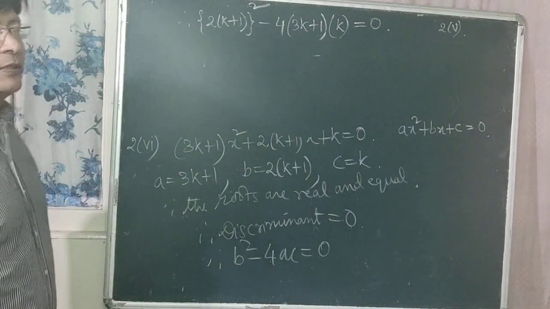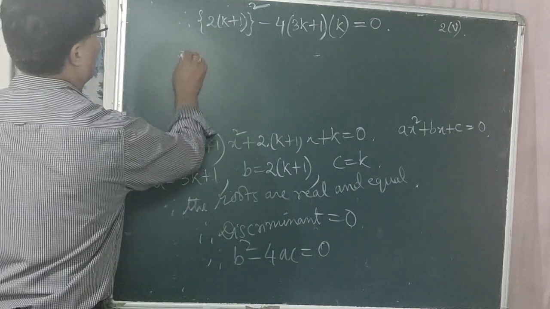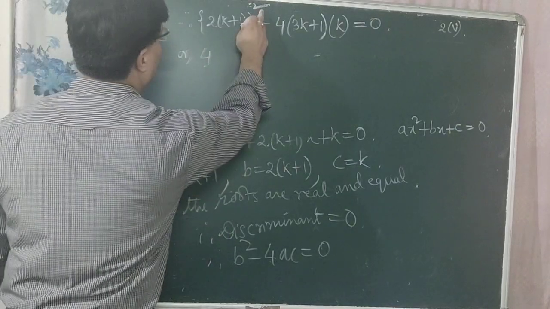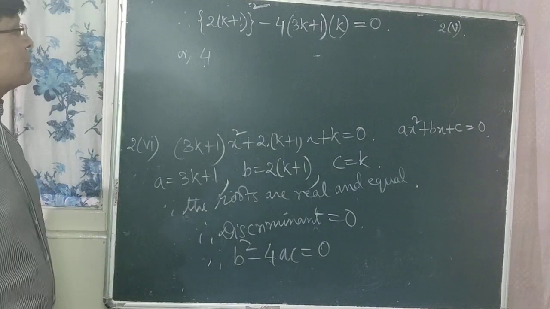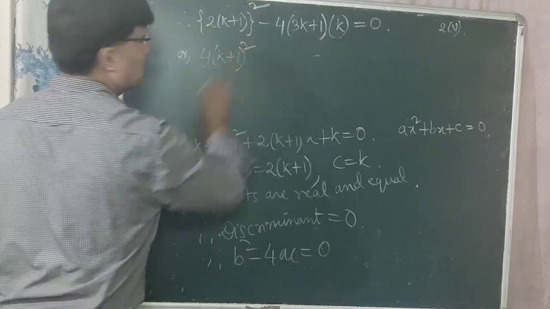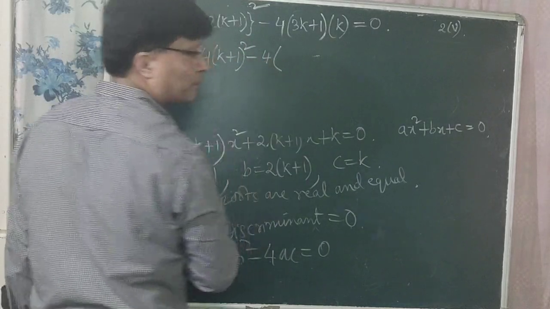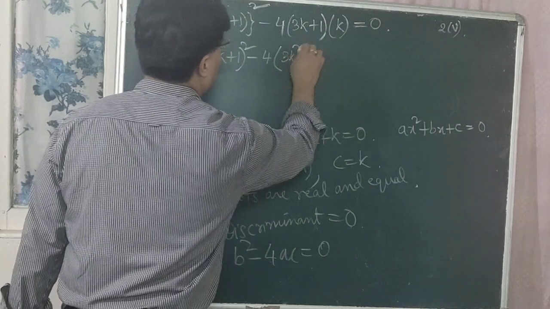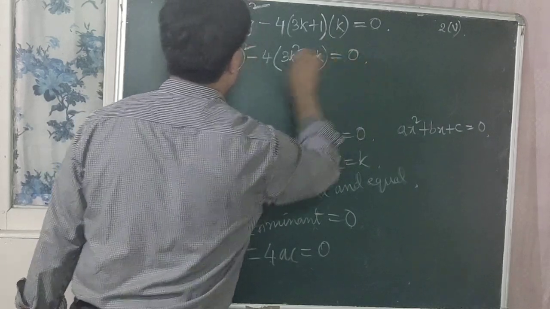Now let us solve it to get the value of k. What is 2 whole square? 4. This square is for both 2 as well as (k plus 1). So 2 square is 4 into (k plus 1) whole square, right? Now minus 4 into, you multiply by k here: 3k into k is 3k square, plus k into 1 is k, which is equal to 0.